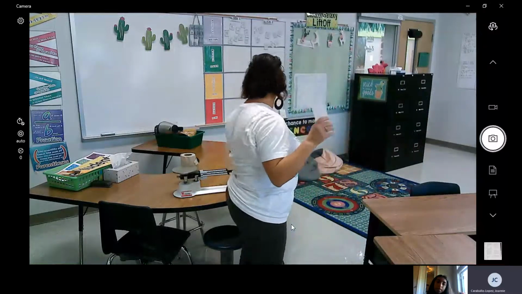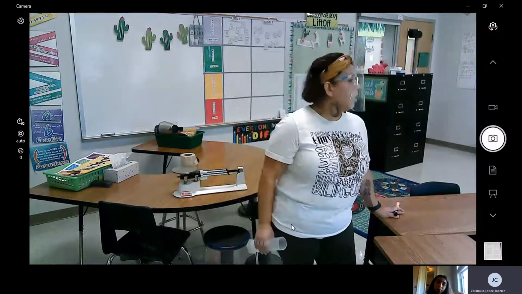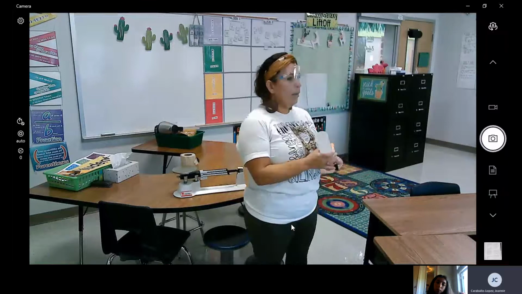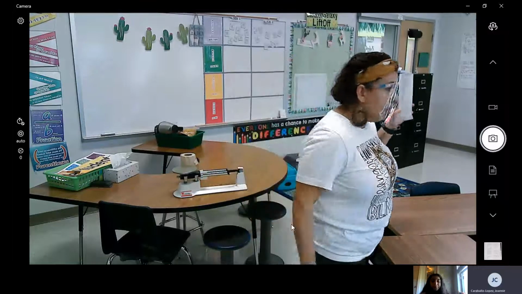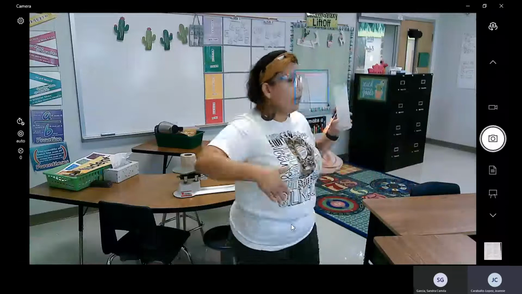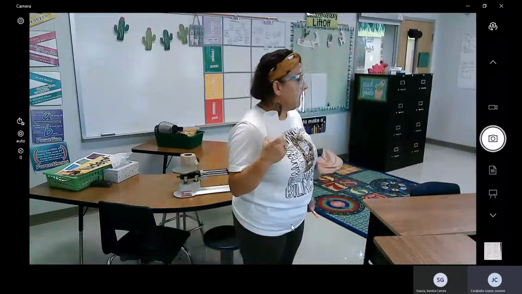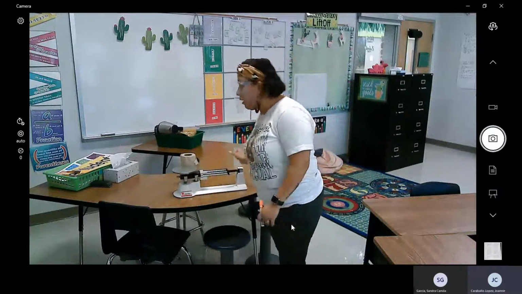All right, cool. So you have a graduated cylinder, and what do we use to measure volume, guys? Measuring water. We use water, right? But we use also a graduated cylinder or measuring cup, right? So what state of matter do we measure in volume? Yes, Emily? Liquid. A liquid. Oh my God, let's give her a round of applause. People, let's give her a round of applause.